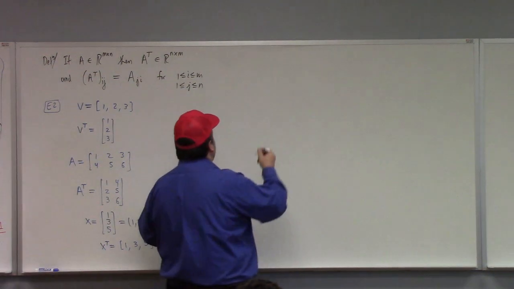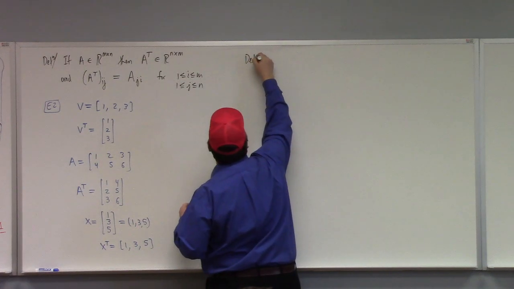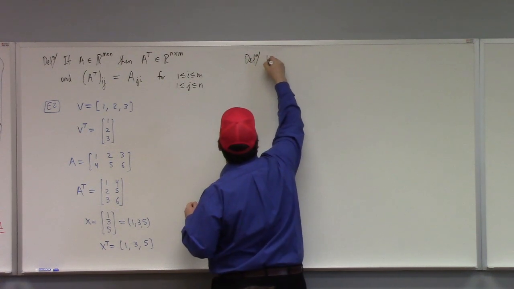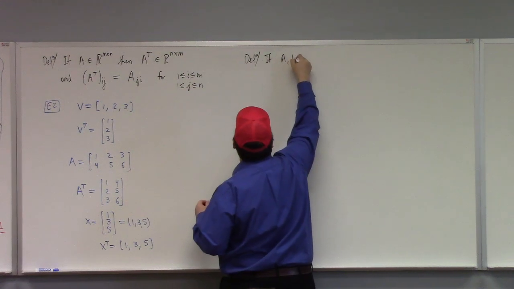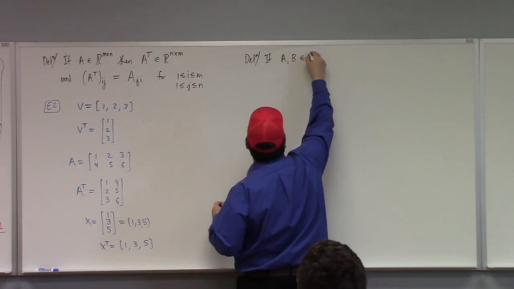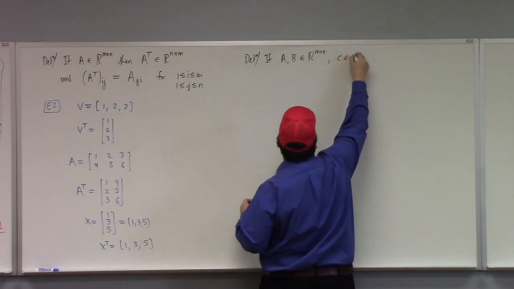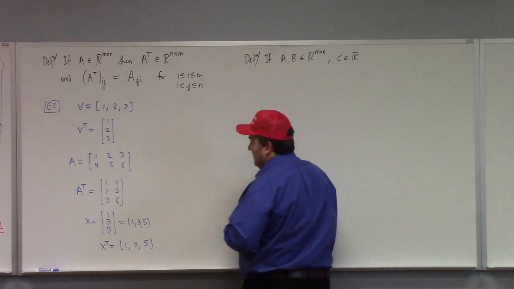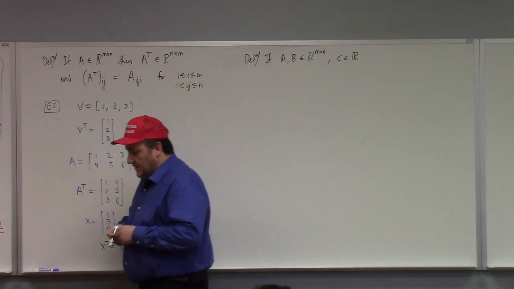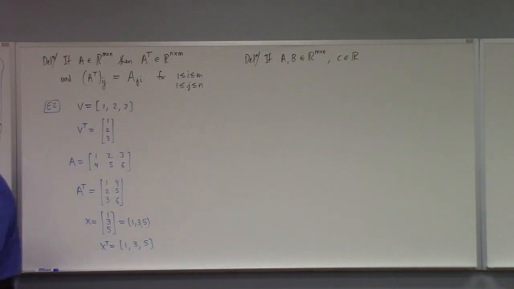So our next definition is if A and B are elements of R^(m by n) and c is a real number. All of these definitions I'm giving could equally well be done for some other choice of field, right?